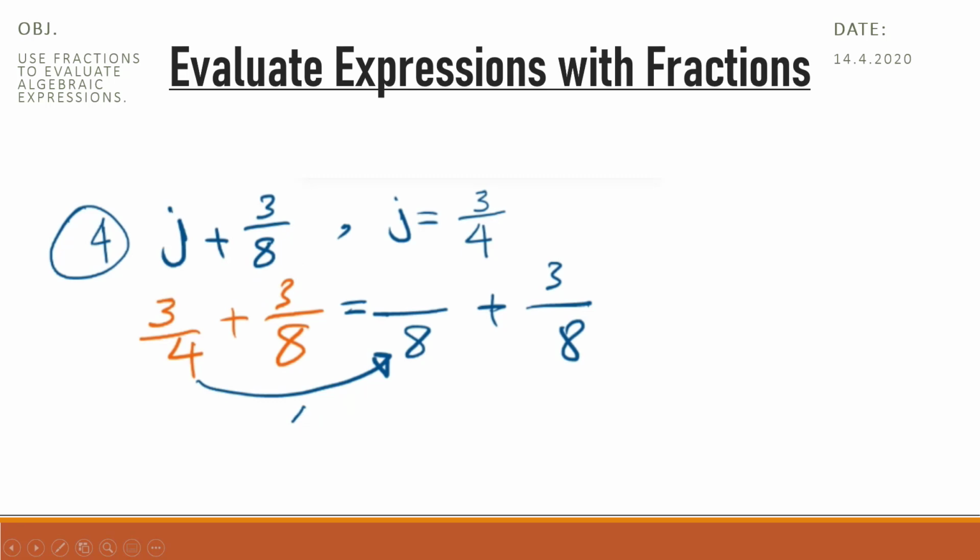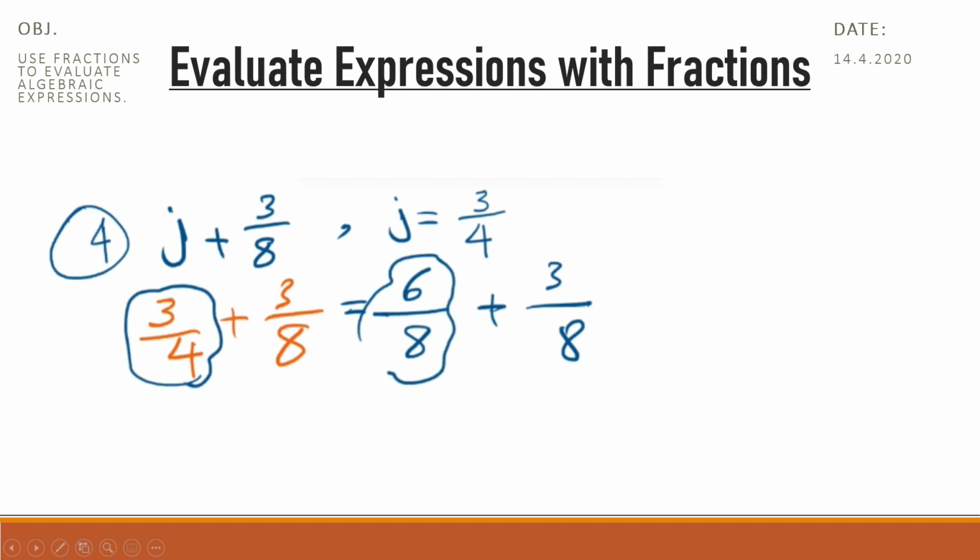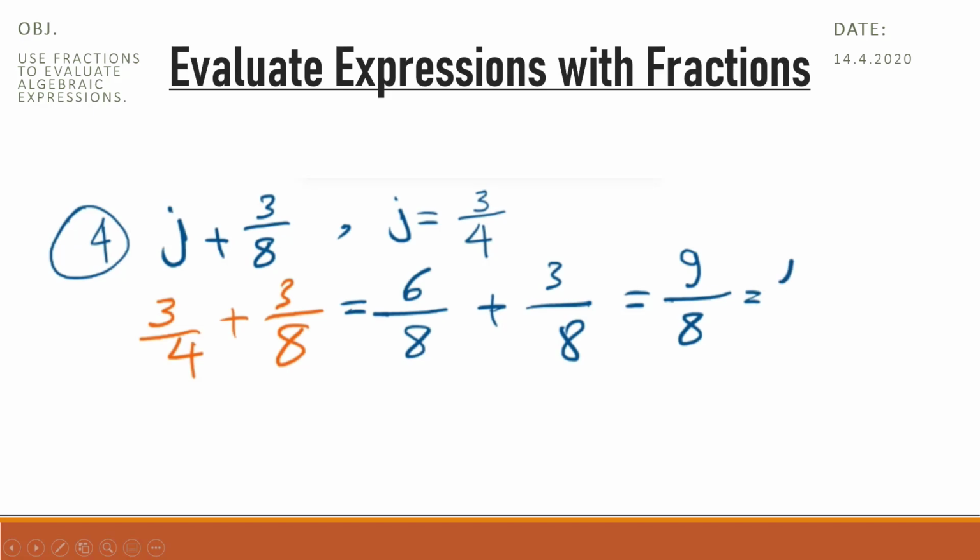So it's 6/8. So 3/4 is equivalent to 6/8. And 3/8 plus 6/8, that's 9/8, which is equivalent to 1 and 1/8. So the answer of question number 4 is 1 and 1/8.